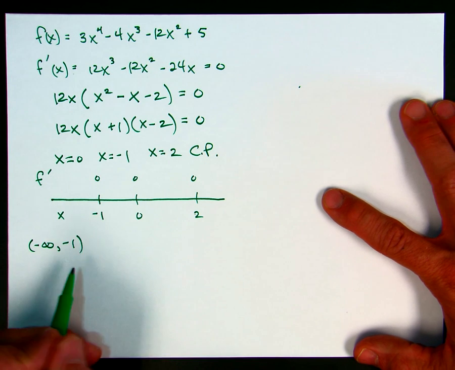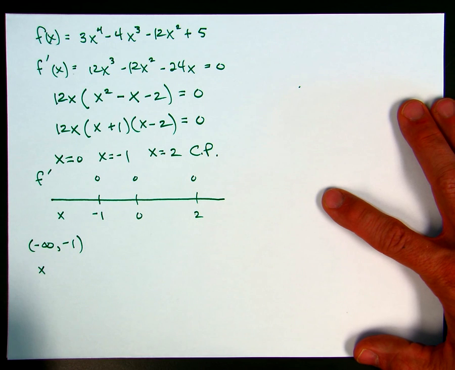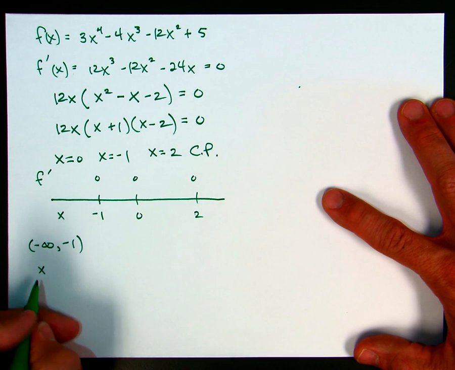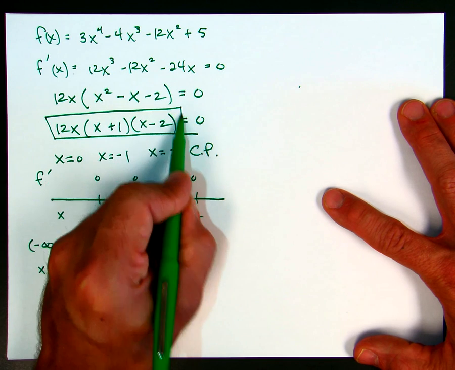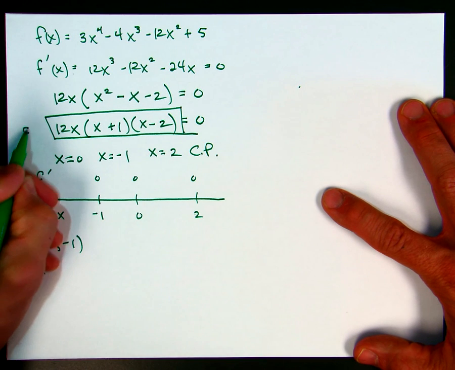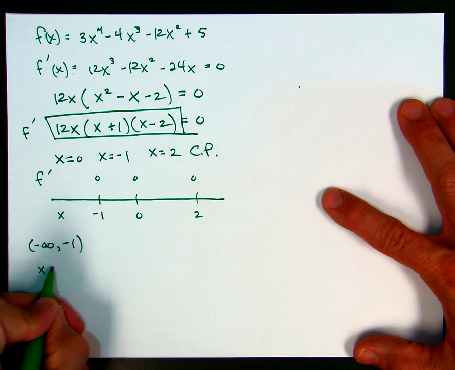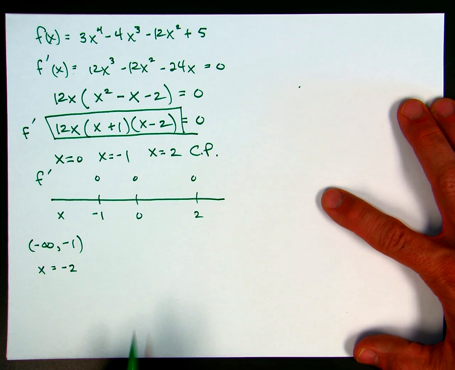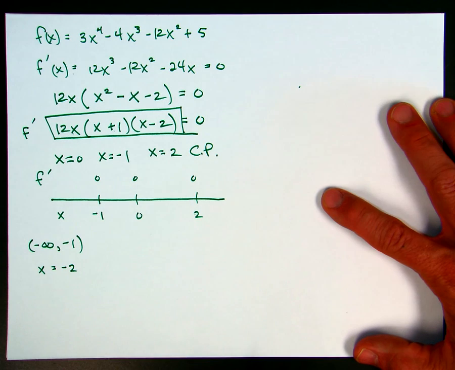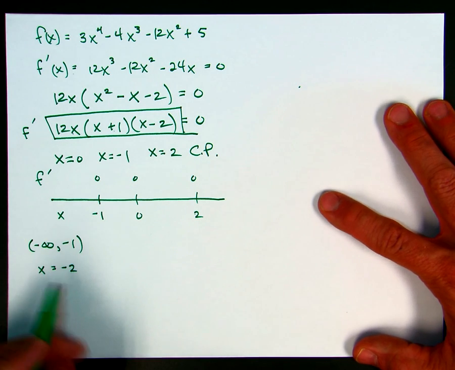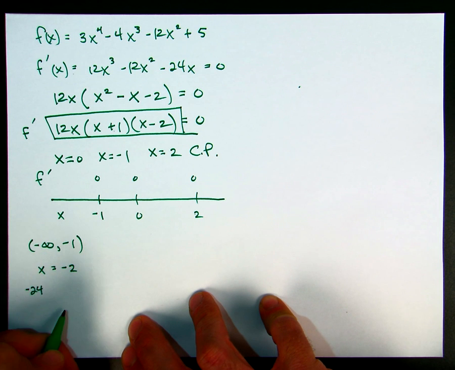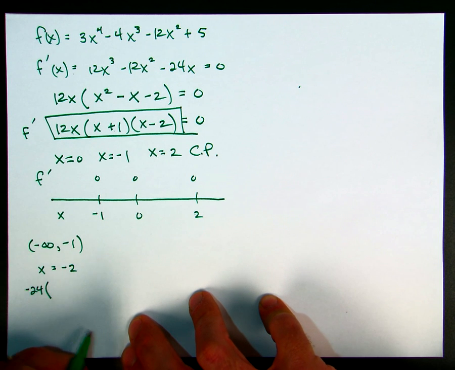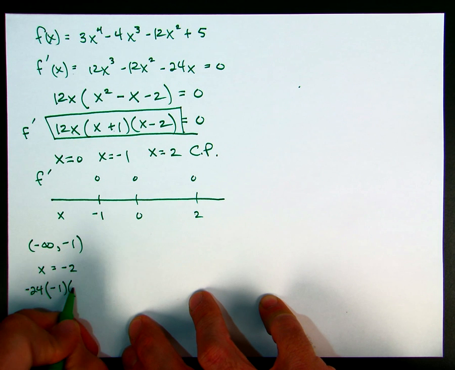For a test point, I try to make it easy on myself. Let's pick something not too large, and we're going to plug it back into f prime right here. If I choose, let's say, -2, and put that in for x in each of these, I'll see if I have something positive or negative. I'm going to end up with -24, and then -2 plus 1, that's -1, and then -2 minus 2, that's -4.